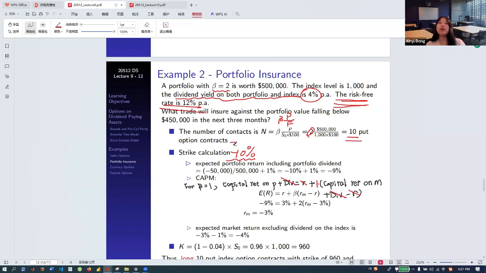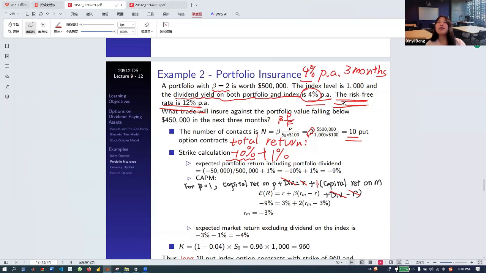So for the equity portfolio, the total return is minus 10%, which is the maximum loss we can bear, and then you plus 1%. That's the dividend yield. The key information is that the dividend yield is 4% per annum, and we are hedging against movements in 3 months.